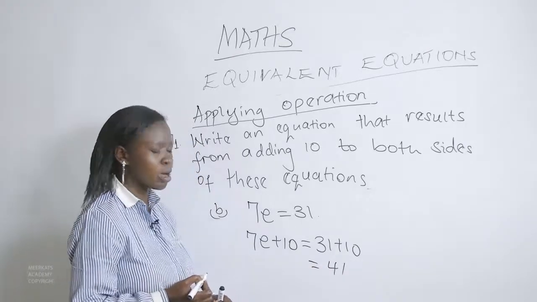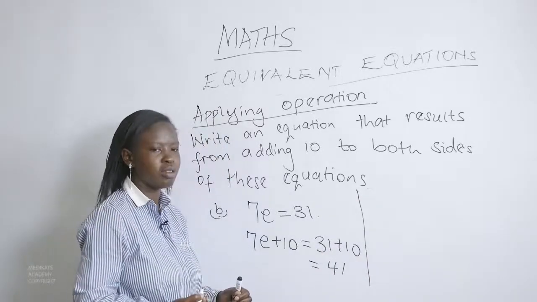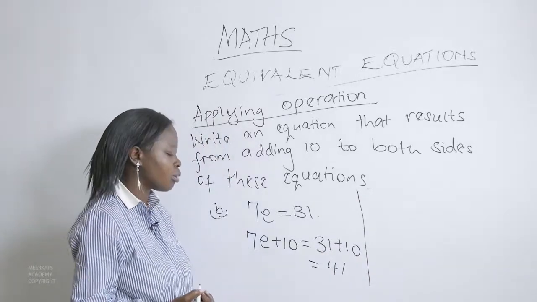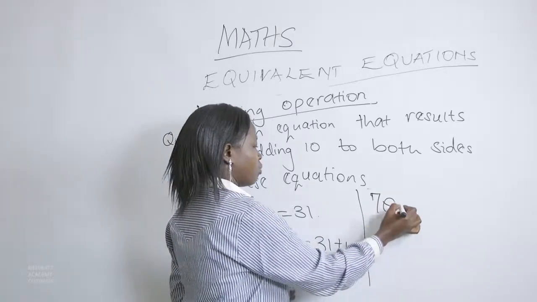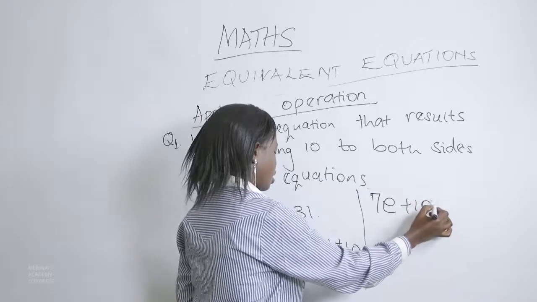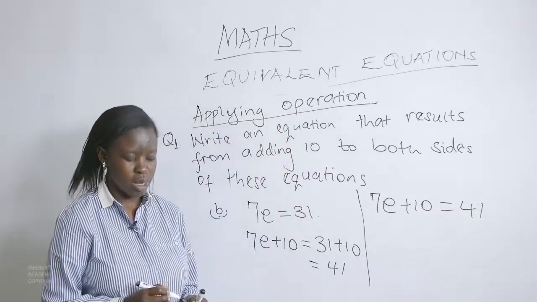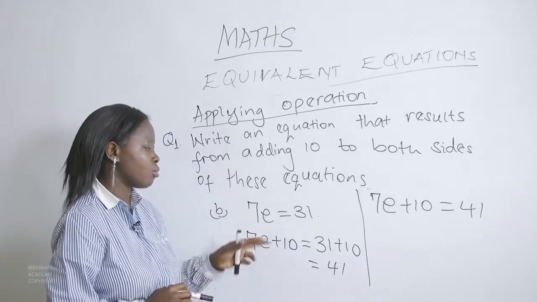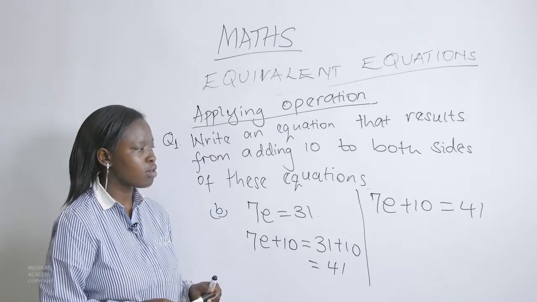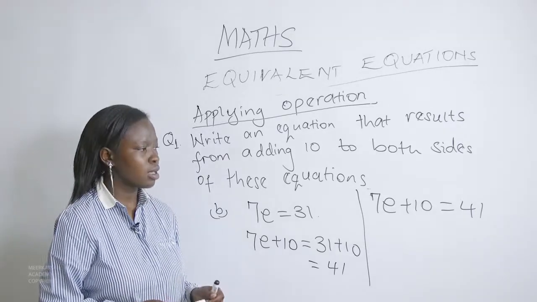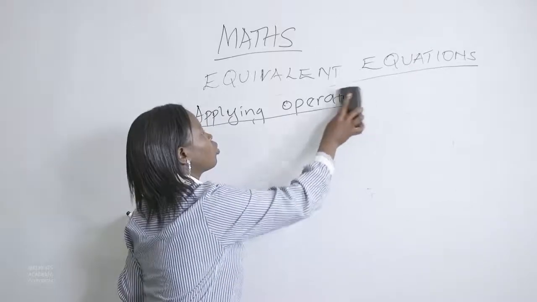So writing our equation, the equation that we obtain after adding 10 on both sides will be 7e plus 10 is equal to 41. So adding 10 on both sides of this given equation gives us 7e plus 10 is equal to 41.